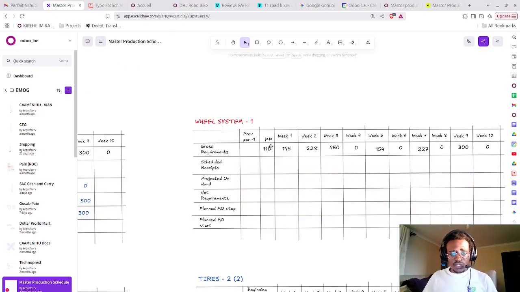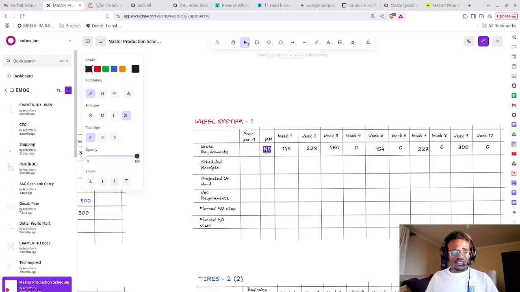So I will have a gross requirement not of 110 but of 220. Remember, if it takes me 2 wheel systems to make 1 bike and I have a requirement of 110 bikes, then it means I'll need to have times 2. So this will be 145 times 2 is 290.